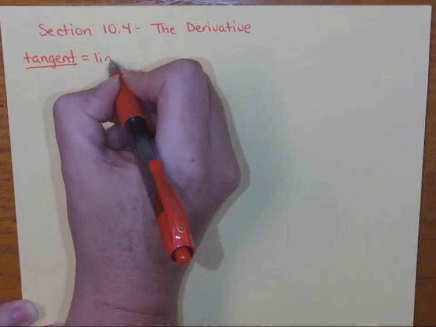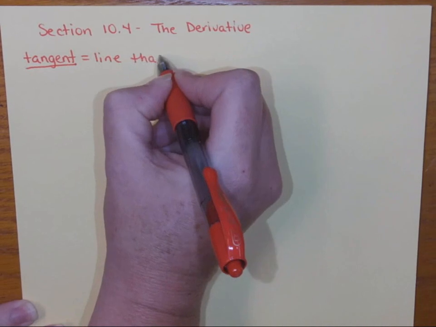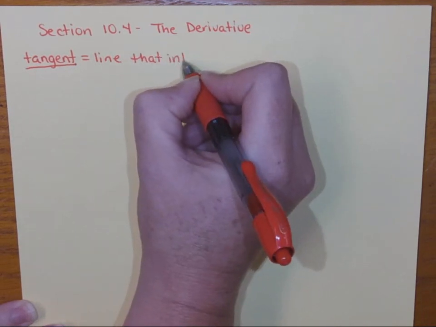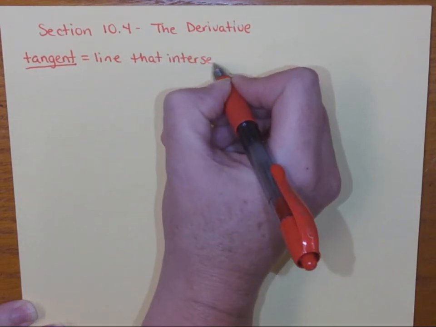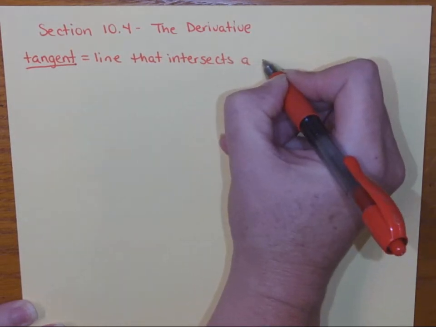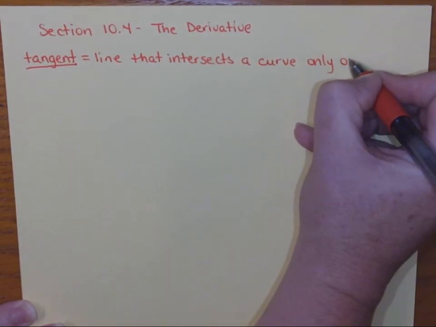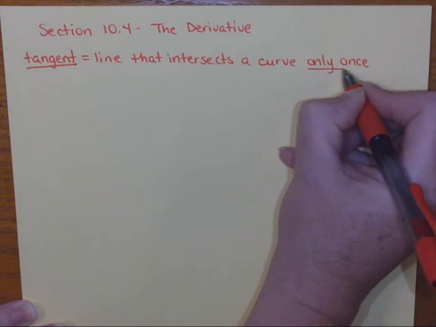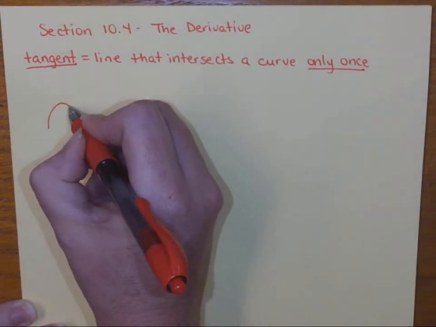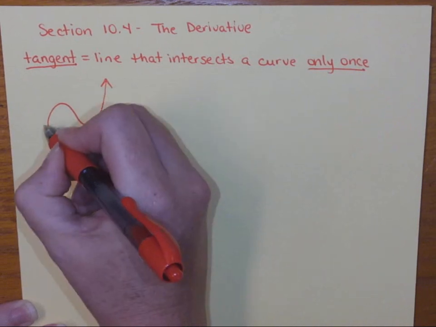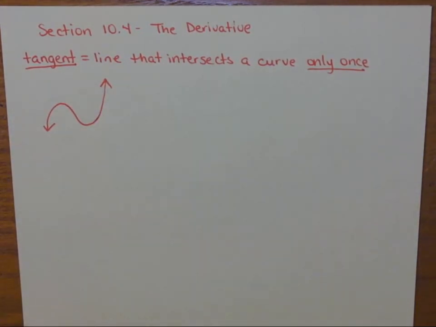A tangent is a line that intersects a graph only once. And so if you had a curve like this, there wouldn't be just one single tangent. There could be really infinitely many tangents.